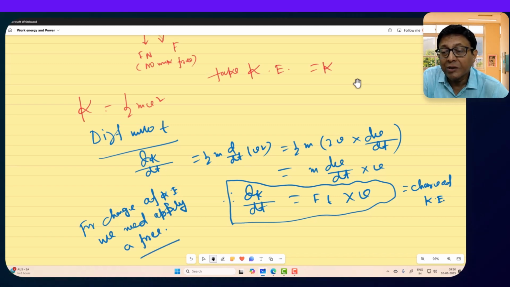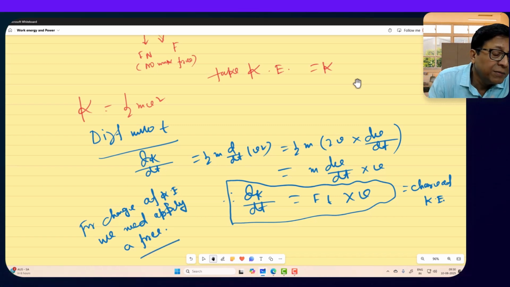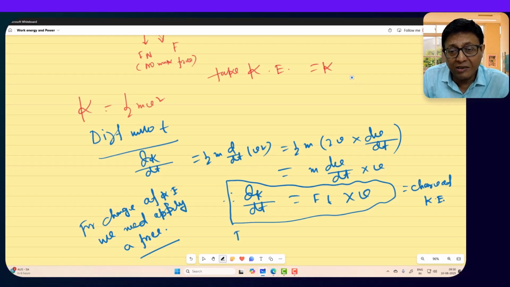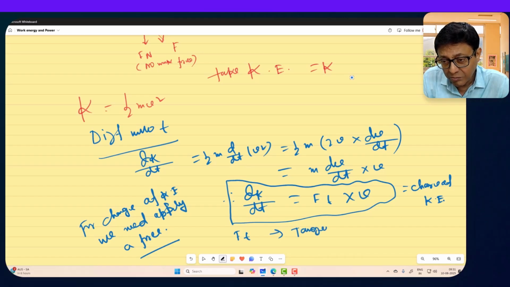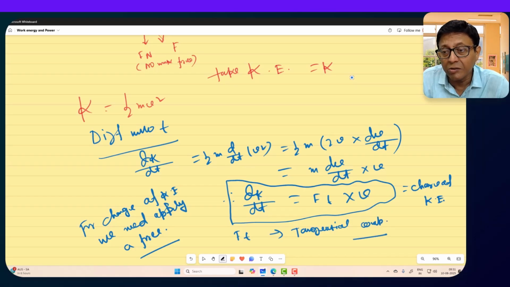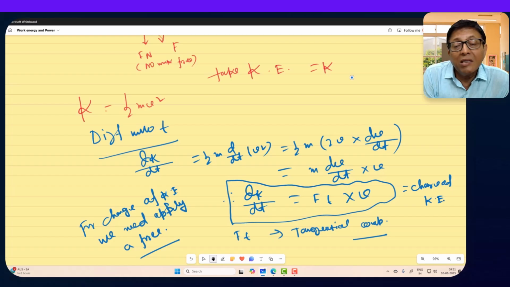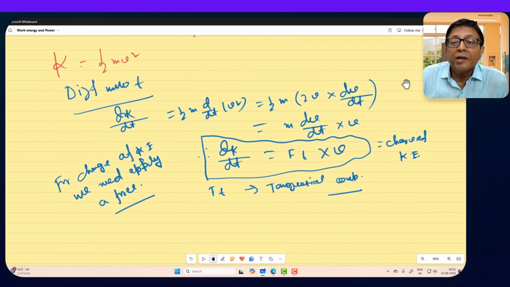Without force, you cannot change the velocity, and this Ft, I told you, is the tangential component. You have to think here about this expression. Rate of change of velocity is going to be Ft into V.